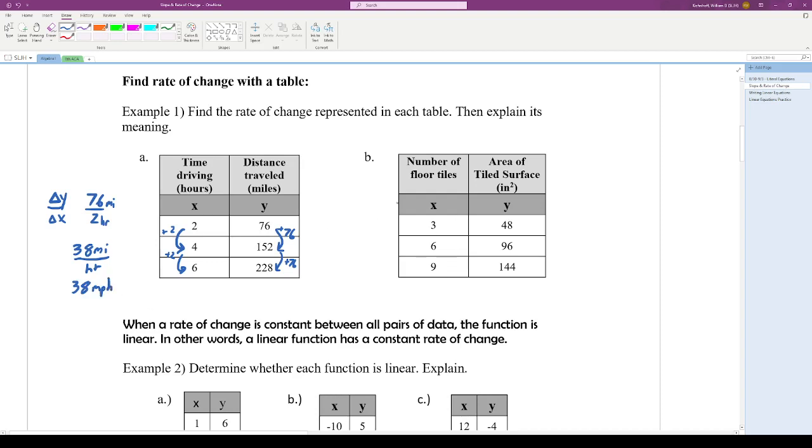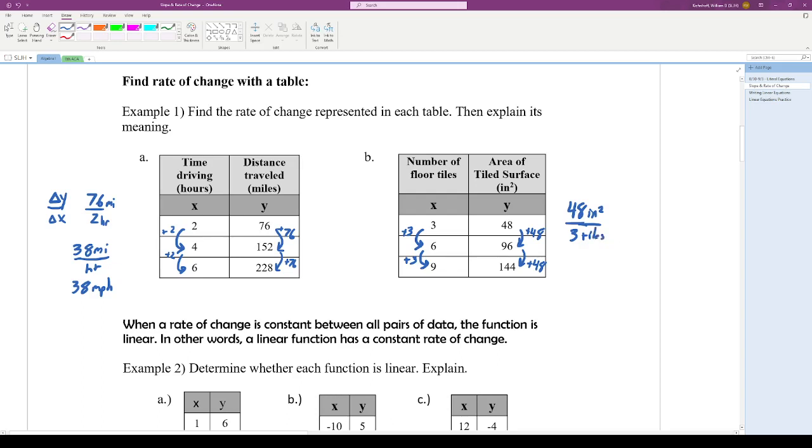Same kind of example on B. Our x value is increasing by plus 3 each step, so we go plus 3 and plus 3 again. And our y value is increasing by plus 48 per step, 48 there, and then another 48 there. Same idea as here. We're going to take the change in y, 48, over, and that's square inches, and then on the bottom we'd have 3 tiles.